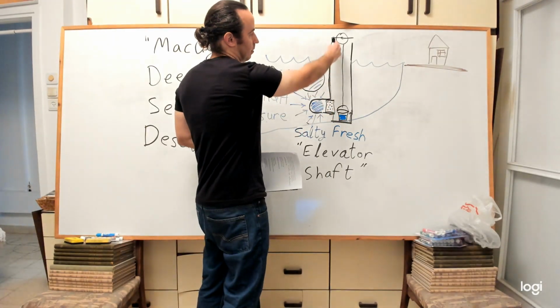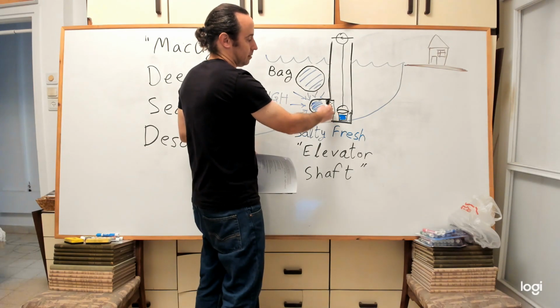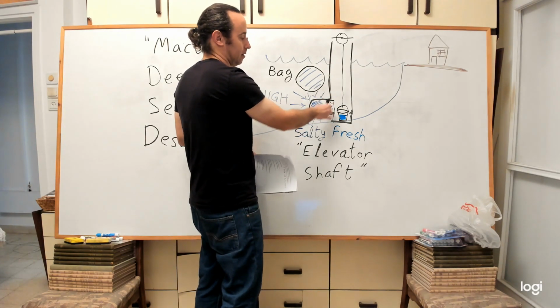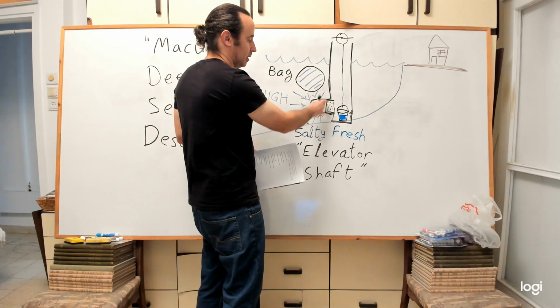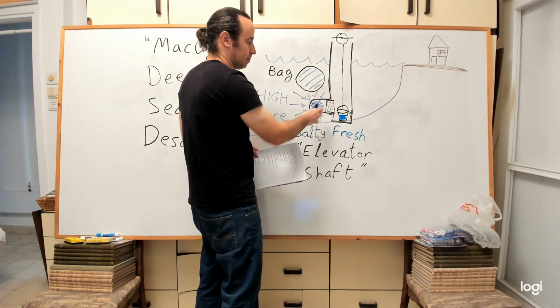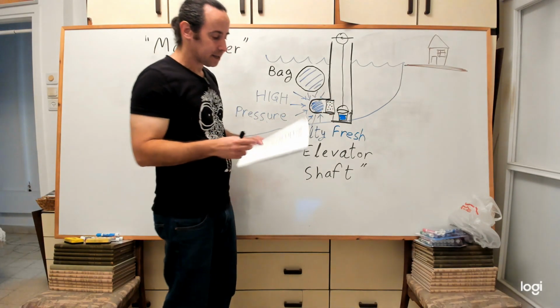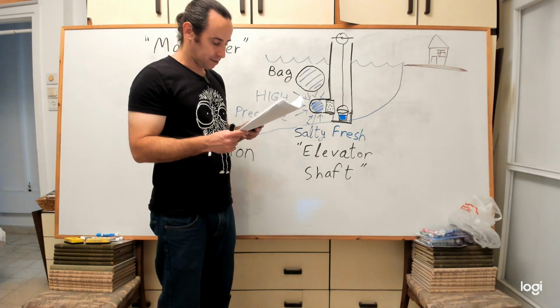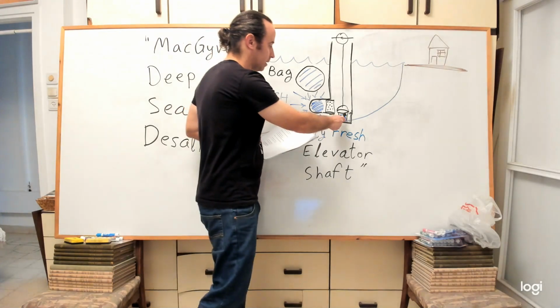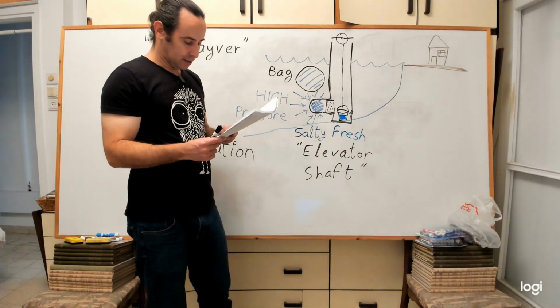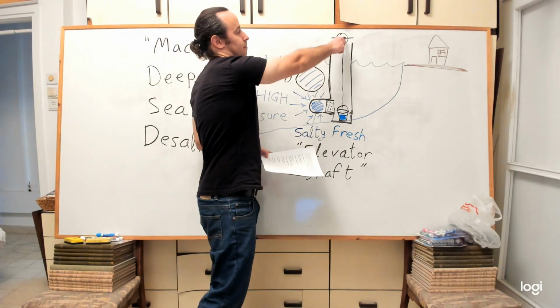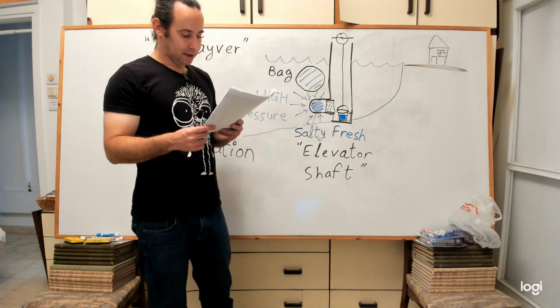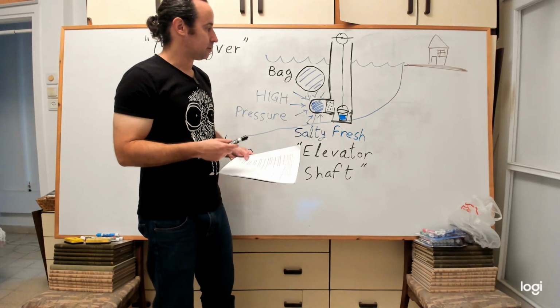So we have a robot inside, or some mechanism, that puts a new filter, a new membrane. And step 3, collect water in a bucket and pull it up to the surface. And then go back to step 2.